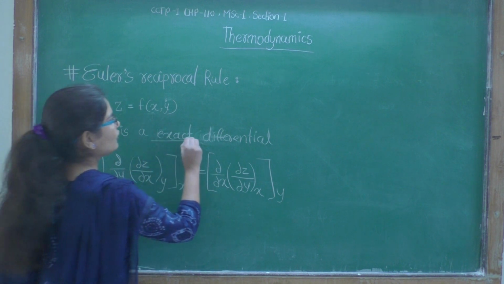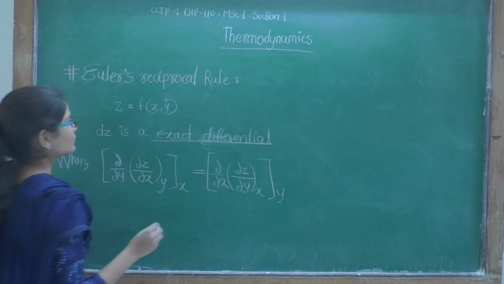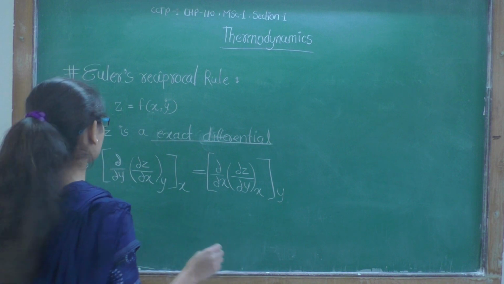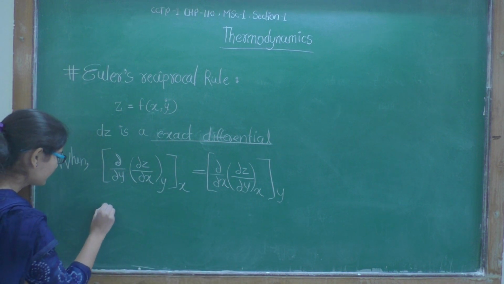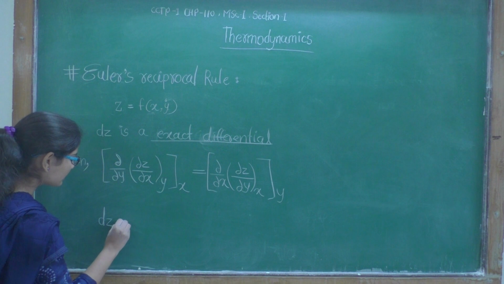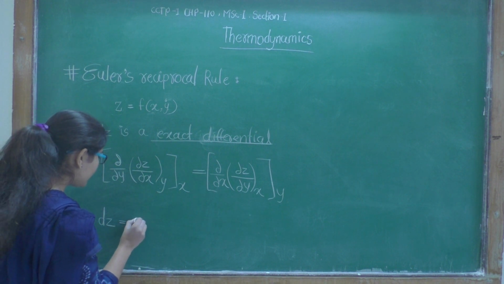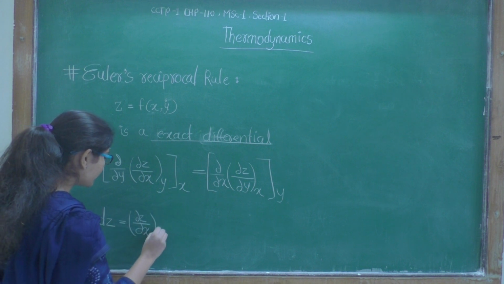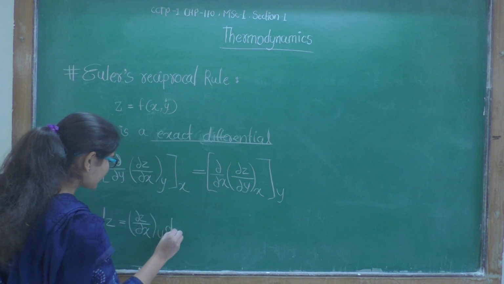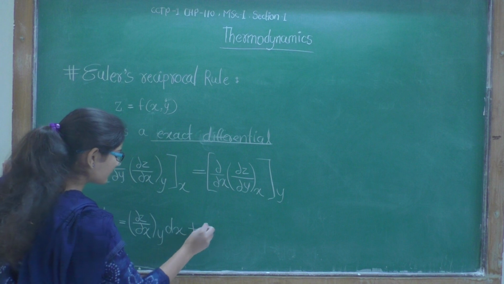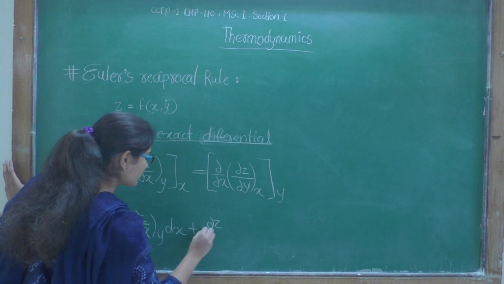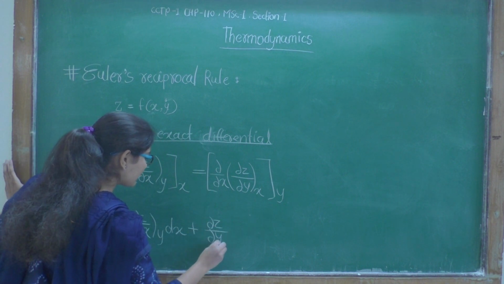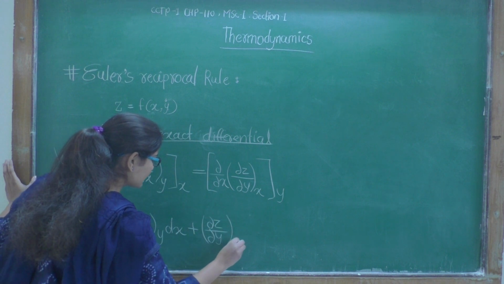Now how do we write an exact differential? The exact differential is written as dz equals ∂z/∂x at constant y dx plus ∂z/∂y at constant x dy.